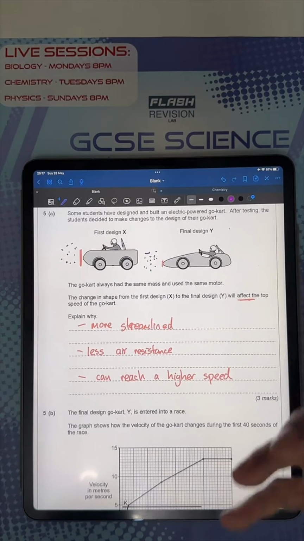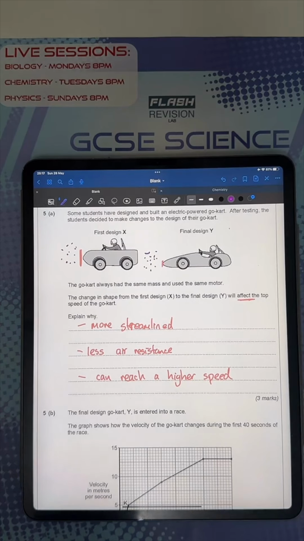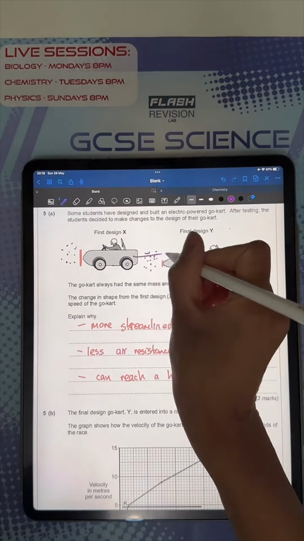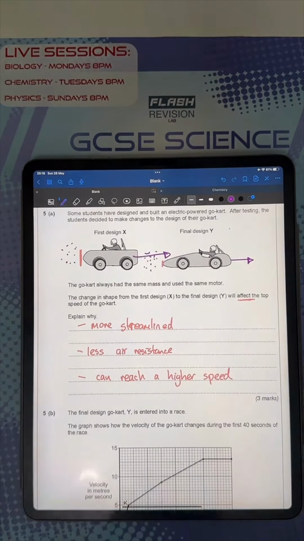You don't feel it, but you have to actually break through them. You need to push them aside when you're going through the air. So when you go through a lot of air particles, there's a lot of force needed. The faster you go, the more air particles you need to go through. That force always acts in the opposite direction to your movement, so the air resistance is always acting this way.